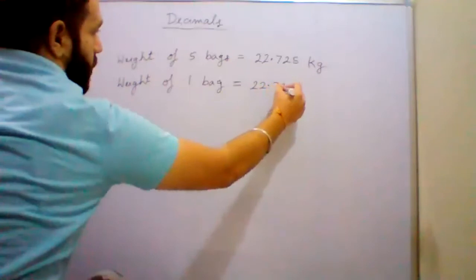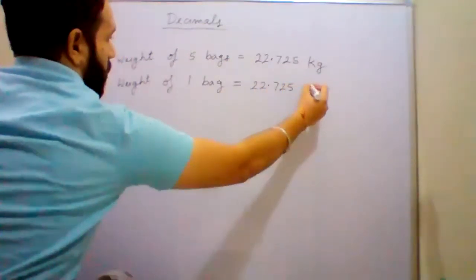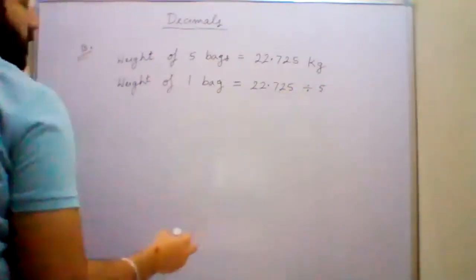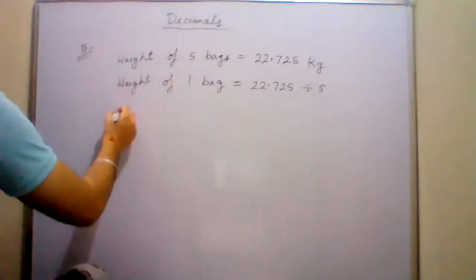Sir, we will divide 22.725. Okay, we will check. 22.725 divided by 5. You have to divide in this case. You all know how to divide now.